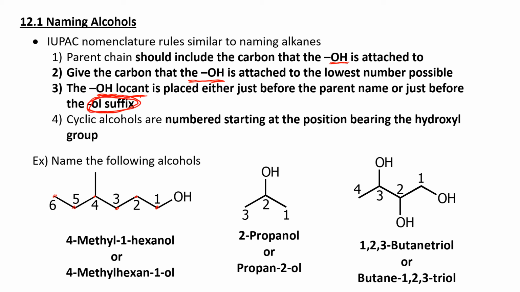It's not a prefix. There are instances where it becomes a prefix, but we're going to begin understanding this in terms of when you see an OH group, when we name it, we're going to use the suffix -ol. So this is some form of hexane. We've got a 4-methyl.